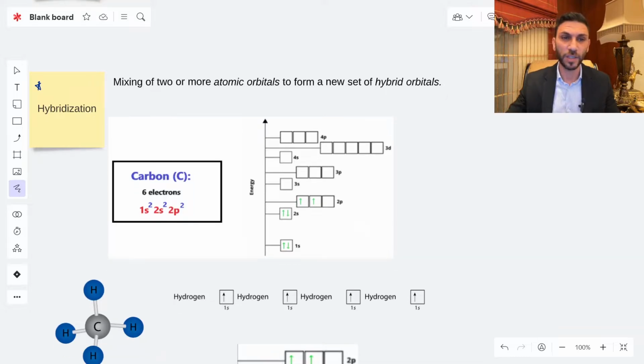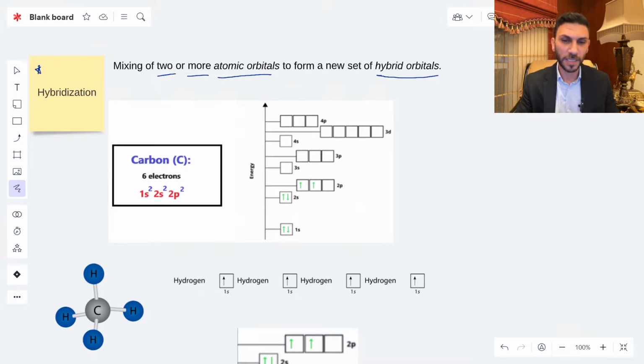Hybridization is mixing two or more atomic orbitals to form a new set of hybrid orbitals. So it's basically overlapping two or more atomic orbitals, could be s and s, could be s and p, could be sp and d, in order to form a new set of hybrid orbitals.